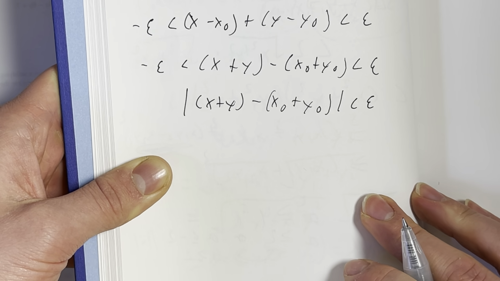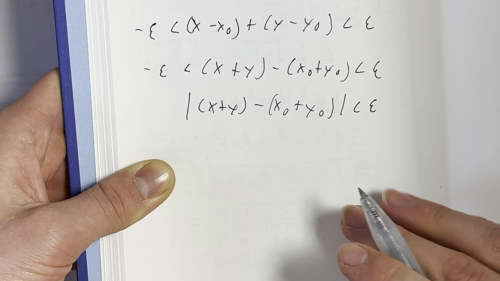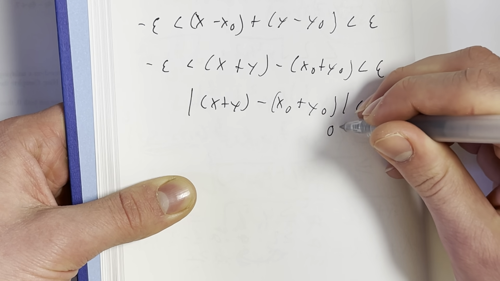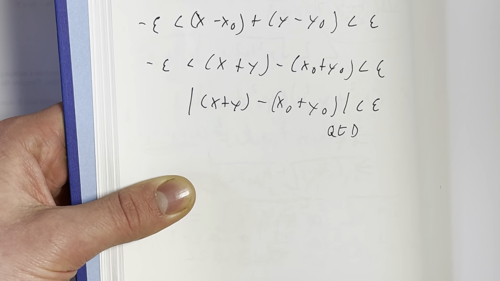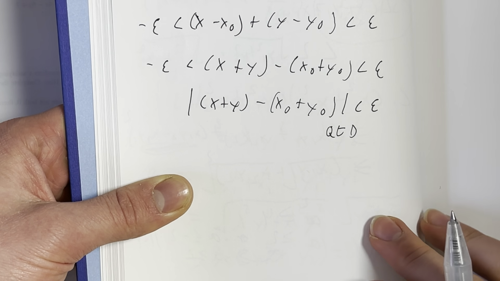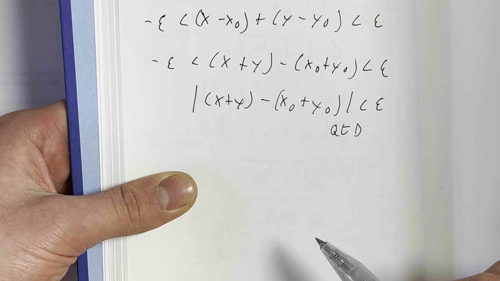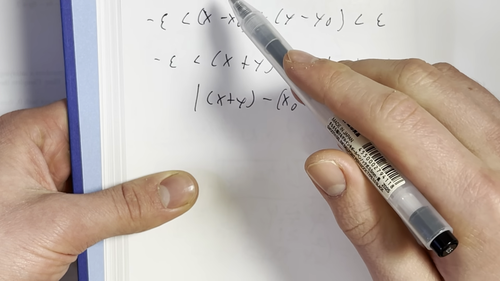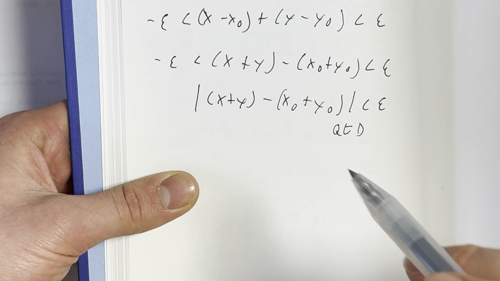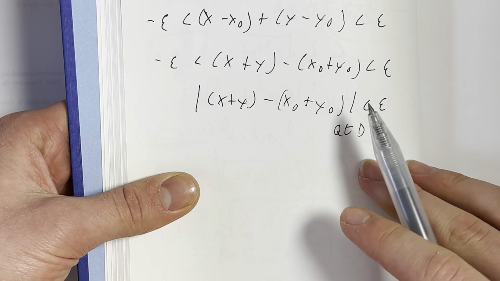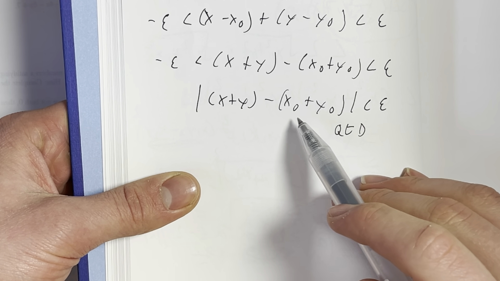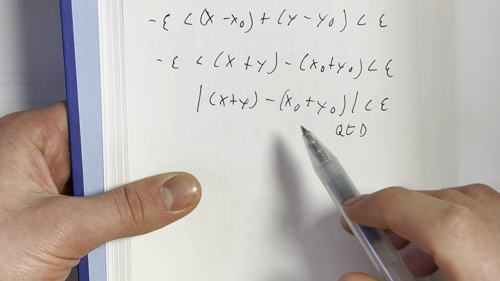Like this. And that is what we desired. So QED. So quite easily we can prove that if x and y are close to x0 and y0 respectively, then x plus y is close to x0 plus y0.